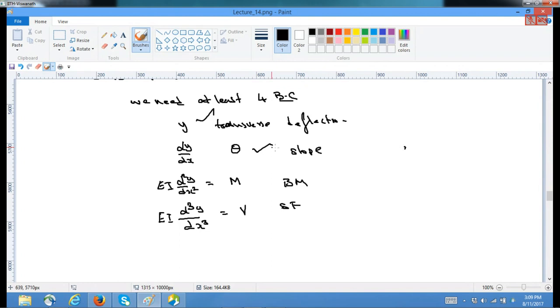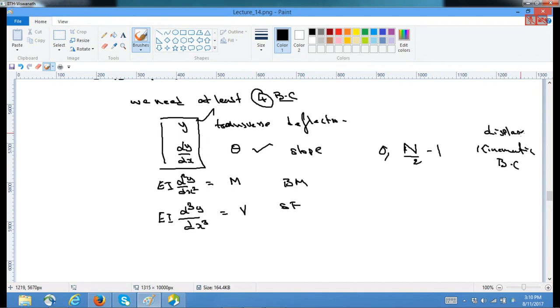However, what is the order of the differential equation? It is 4. If n is the order, the derivatives from 0 to n by 2 minus 1, if you mention them, are called kinematic boundary conditions, also known as displacement boundary conditions, or Dirichlet boundary conditions.